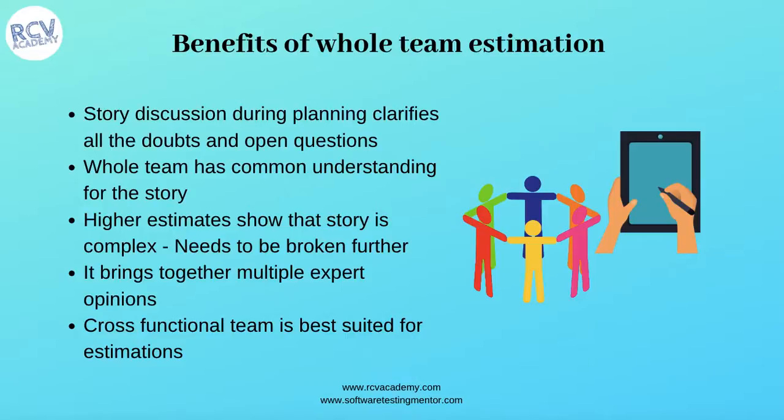Then higher estimates show that the story is complex. If everyone in the team has estimated that this is a really large story, say 20 story points, then that user story is a complex one and needs to be broken into smaller user stories so that you can fit it into the sprint and finish it there.